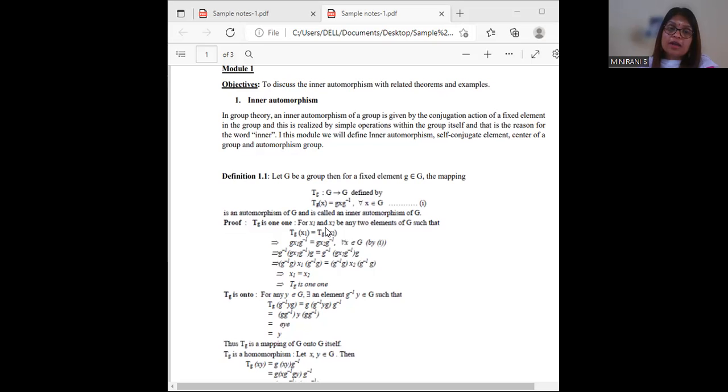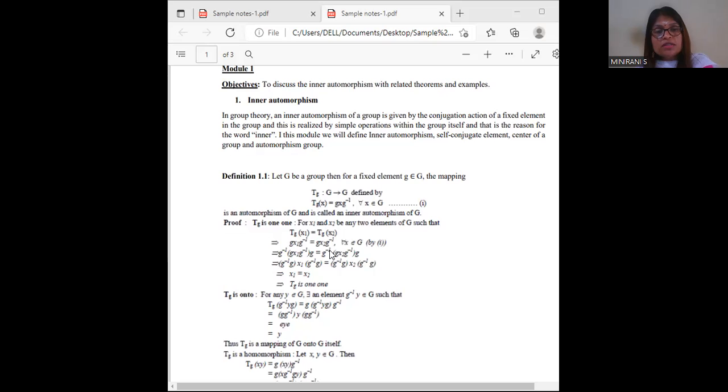If it is defined from a group to another group, then you call it an isomorphism. And when it is defined on a group, you call it an automorphism. So first, let us prove that it is a one-to-one mapping. How do you prove that a given map is one-to-one?